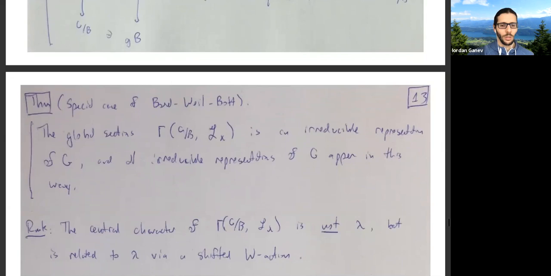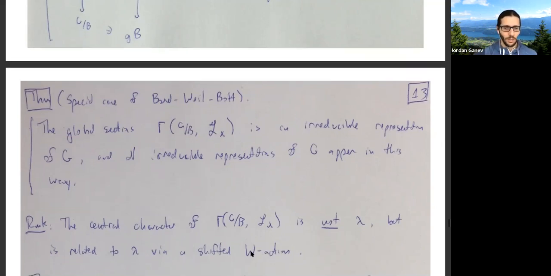And one thing to note is that we talked about central characters just a minute ago. You might be wondering whether lambda is the central character of this representation. That's not the case. You need to do this business with shifted W actions, but there is an explicit relation, though it's not lambda on the nose.